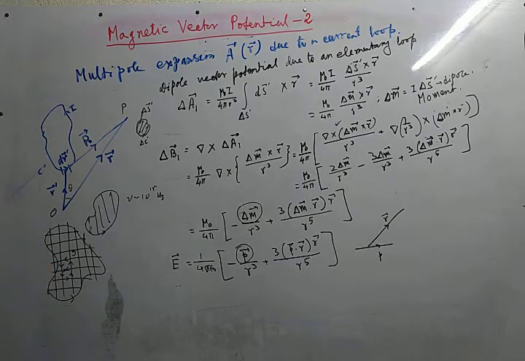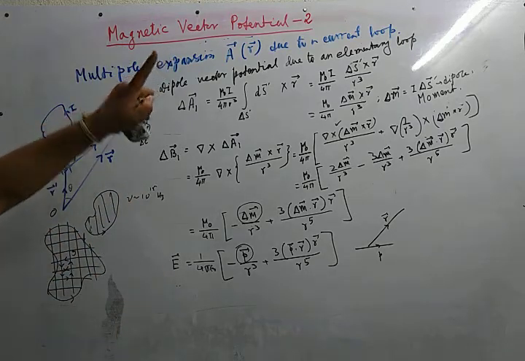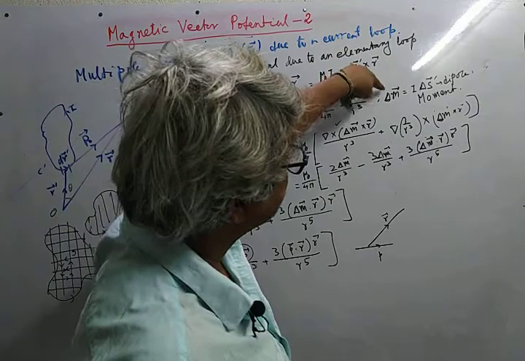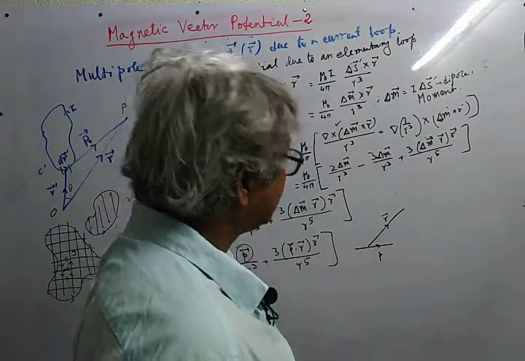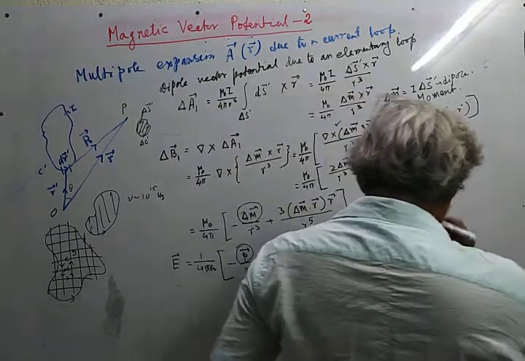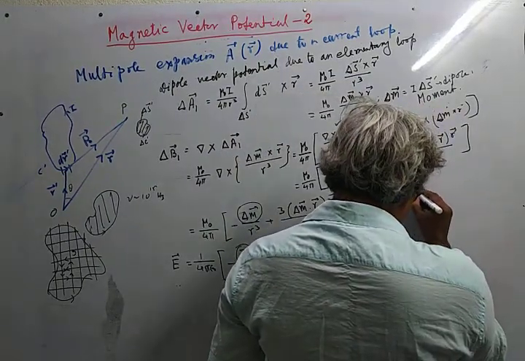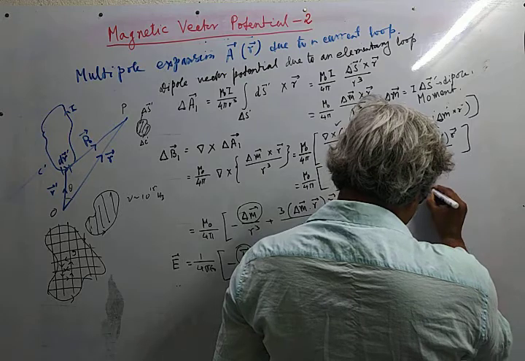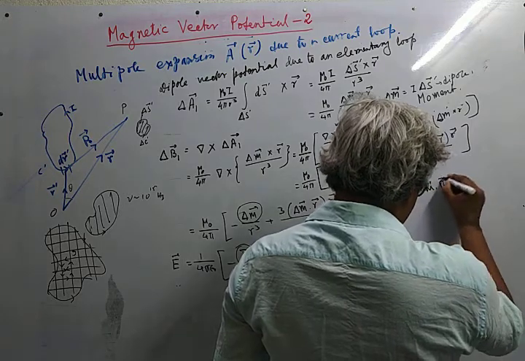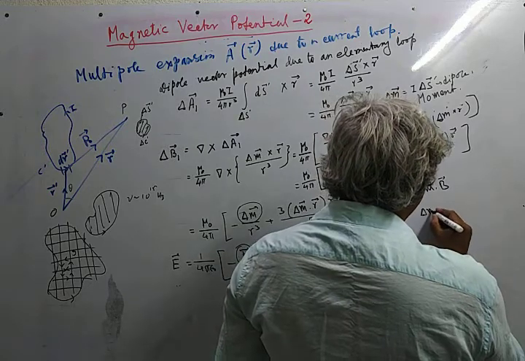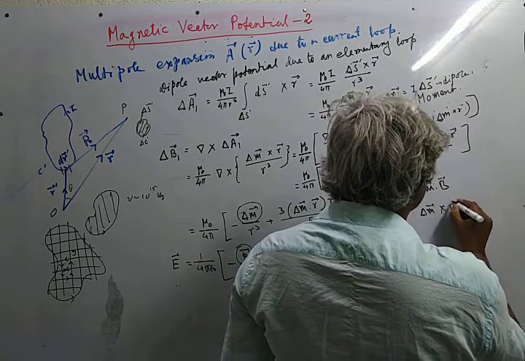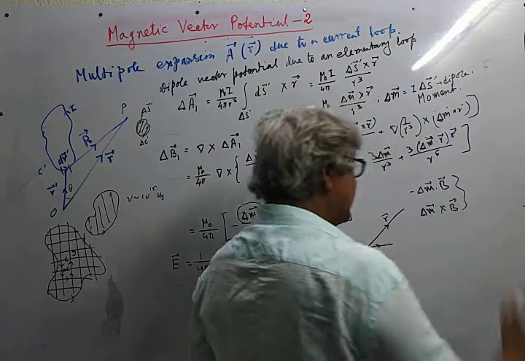And it is found that when a dipole of dipole moment delta m is placed in a magnetic field, then it will have a potential energy exactly similar to the electrostatic case. The potential energy will be, and it also experiences a torque which is delta m cross b, which we shall show you later.